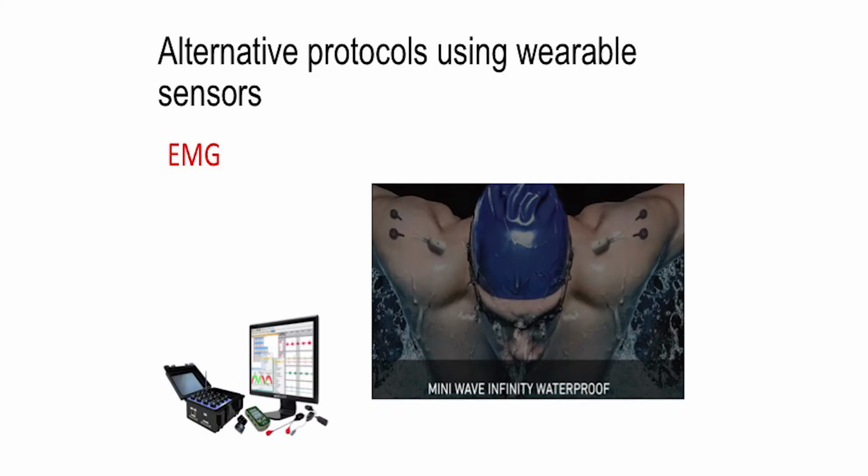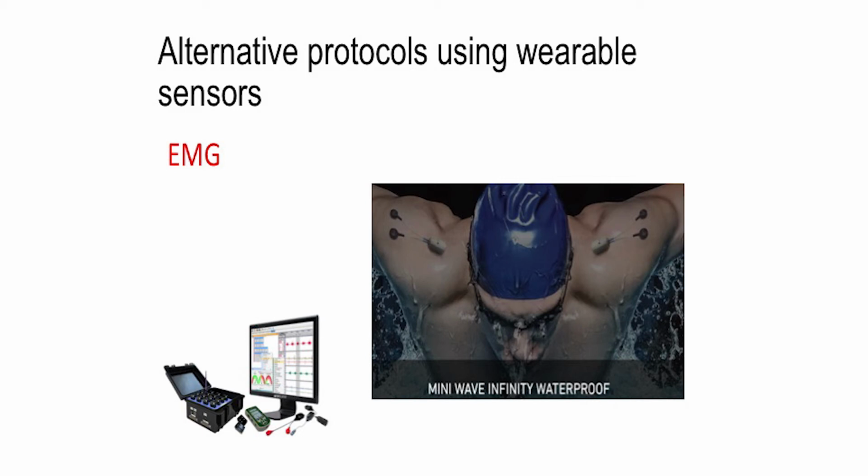And so I thought we can devise alternative protocols, but instead of being in the gait lab, use wearable sensors. Wearable sensors, in terms of capturing electromyographic activity, which we've seen is quite important, have existed for quite a long time, in fact.